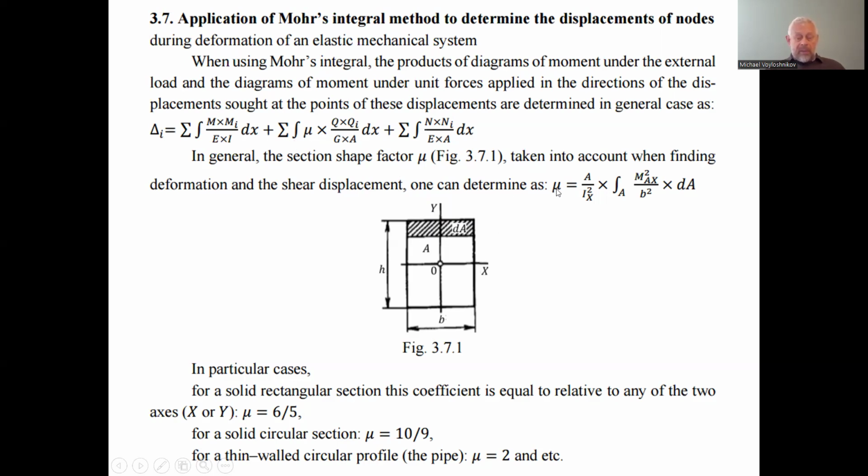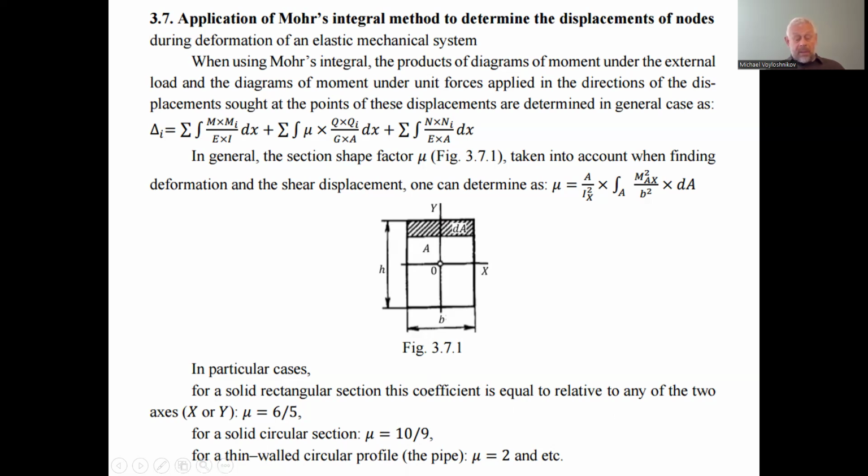Actually, we can have a lot of practical recommendations to find this factor for definite cases. In particular cases, for a solid rectangular section, this coefficient is equal to 6/5 relative to either of the two axes. For a solid circular section, this factor is the fraction 10/9.